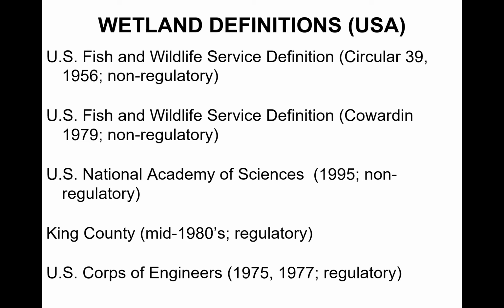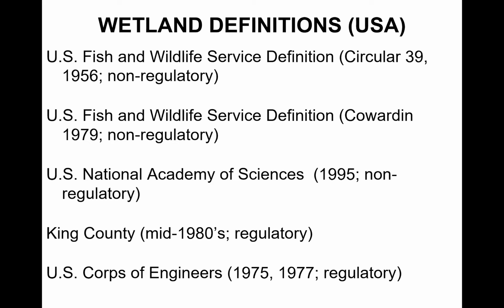The U.S. National Academy of Sciences had their own definition. When I worked in wetland science in King County, starting in the mid 80s, I was using 3 different definitions of wetlands at that time. One for the county, one from the U.S. Fish and Wildlife Service, and then also one from the Corps of Engineers.